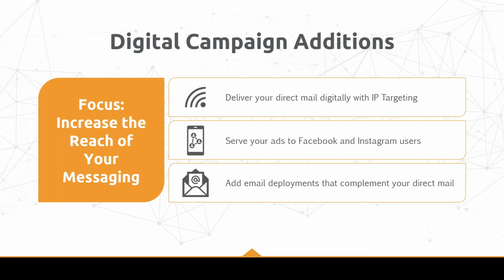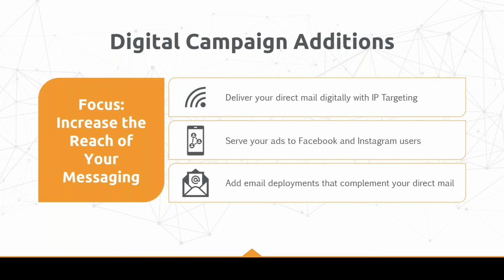The first area that I wanted to talk about is to have your direct mail digitally targeted to those individuals. We've talked about using third-party data for acquisition campaigns that you can prospect to. Well, that data can also be used to hit those individuals online. So think about having your postcard or your mail piece delivered to that individual's mailbox, but maybe a few days before, they see a digital ad, basically your same ad, but online, as they're searching for maybe a refinance option or looking at furniture online.